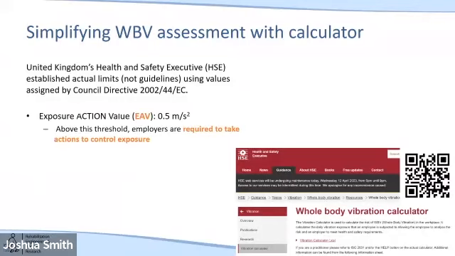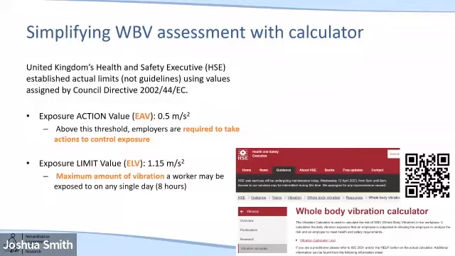And they put a stake in the ground saying that if you're exposed to 0.5 meters per second squared of vibration over an 8-hour day, that's about how much you should be exposed to at max in the workplace. Anything over that, it's the employer's responsibility to either reduce your hours on that machine or reduce your vibration, give you some better cushion, for example.